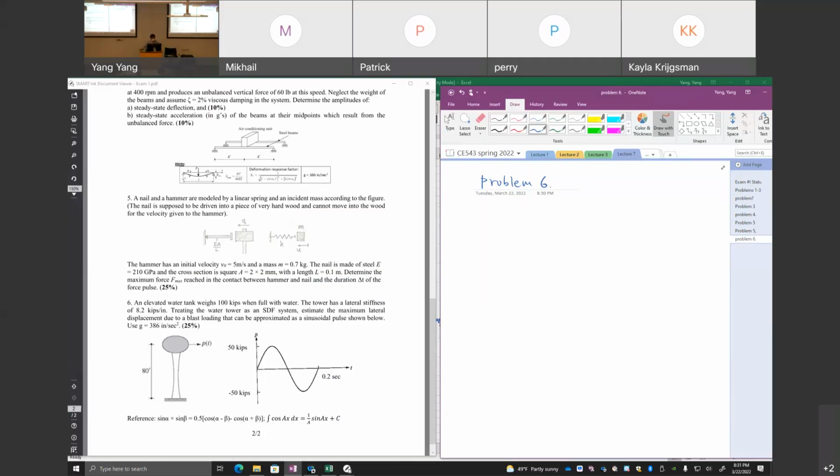But here, the duration of the force is limited to 0.2 seconds. That's different from harmonic excitation. So in order to solve this problem, we need to do the convolution integration.